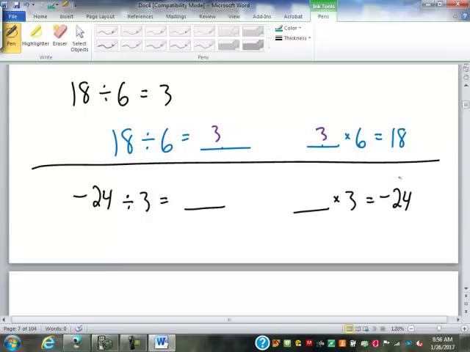To get a negative result of multiplication, I either have to have a positive times a negative or a negative times a positive. I have to have one of each. The 3 is already positive, so this number here has to be negative, whatever it is. Make sense? It's going to be a negative 8, because 8 times 3 is 24. So negative 8 times 3 is negative 24.